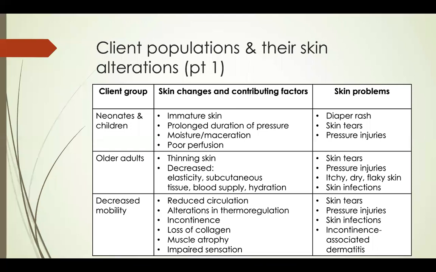They have alterations in their thermal regulation. They're more likely incontinent. They may have loss of collagen in their skin, muscle atrophy, and impaired sensations. So as a result, they'll have the skin tears, the pressure injuries, the skin infections. They can have dermatitis as a result of the incontinence.